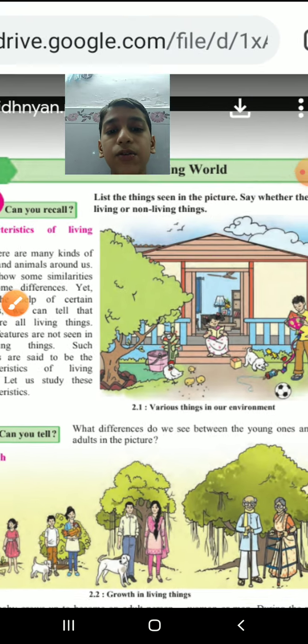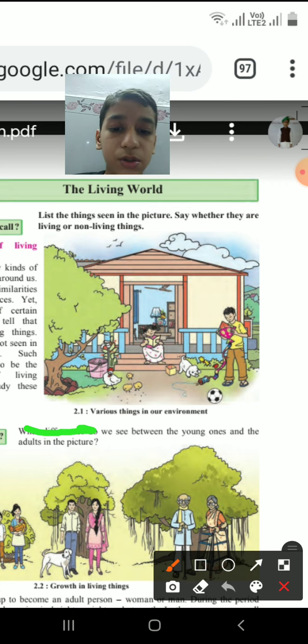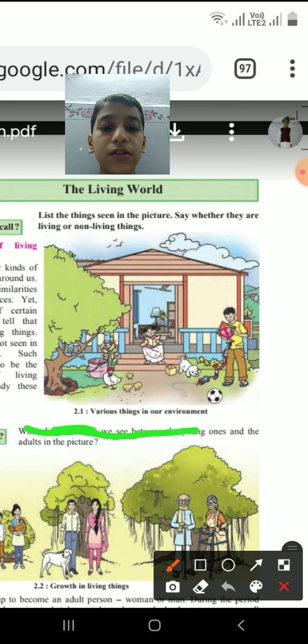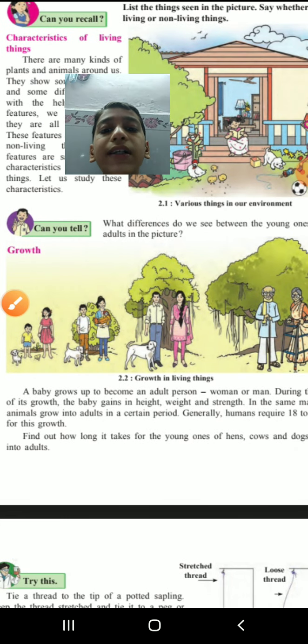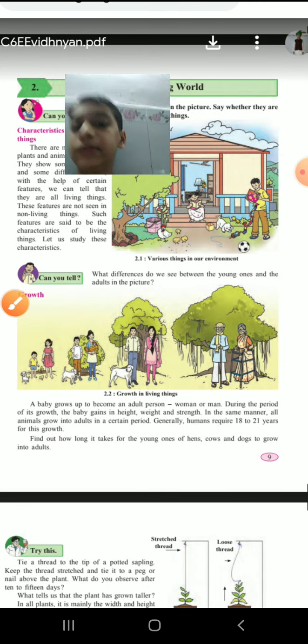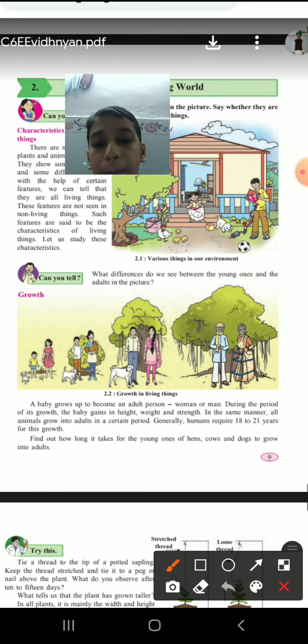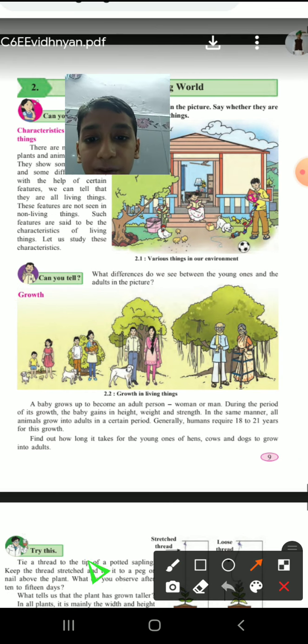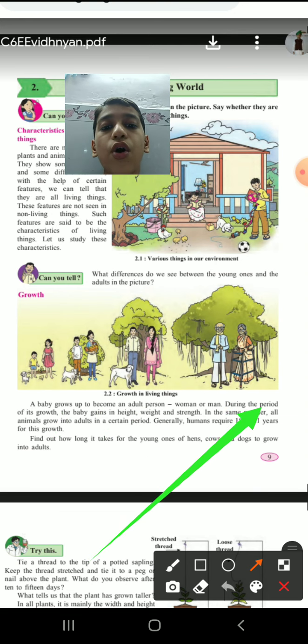Can you tell what differences we see between the young ones and the adults in the picture? What are the differences? Read. A baby. Growth in living things. A baby grows up to become an adult person, woman or man.